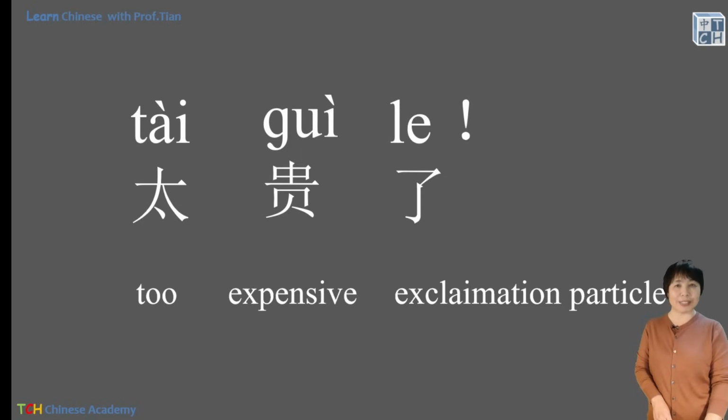You gotta have it. So 太贵了. When you hear the price and you want to bargain, you can say, "Oh, 太贵了." You can stress this word to emphasize. 太贵了, 太贵了.